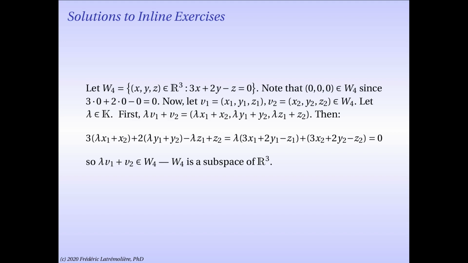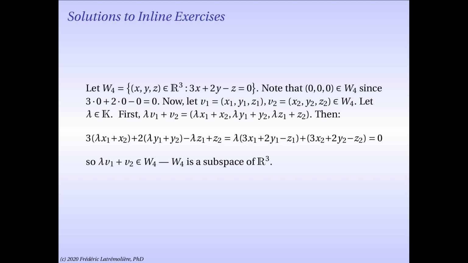So W1 and W4 are actually very particular spaces, but in fact, I should say in some fundamental sense, that's basically all the spaces of this form in R3. W1 was really the image of a linear map, the range of a linear map, while this one on the screen right now is the pre-image of a linear map. The linear map would be the map that to three numbers, x, y, and z maps the value 3x plus 2y minus z.